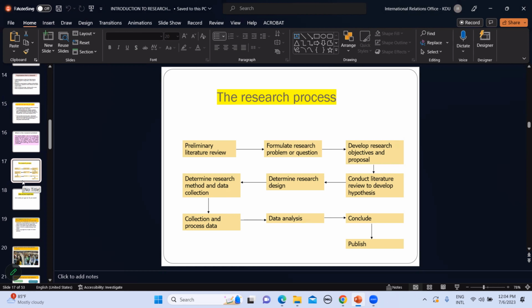Preliminary literature review: you have to conduct the literature review and then find out the research problem. Actually, at the beginning, your supervisor tells you the research project. He doesn't actually know the answer. Then you try to do the literature review and find the research problem. You precisely formulate the research problem, right?